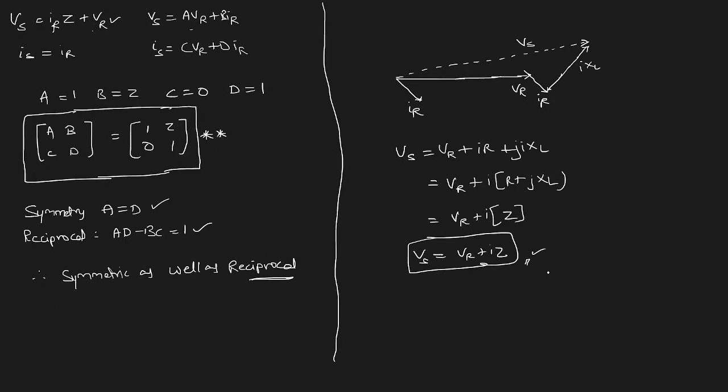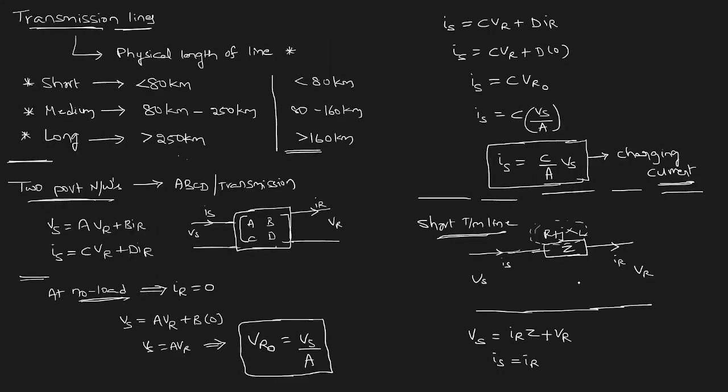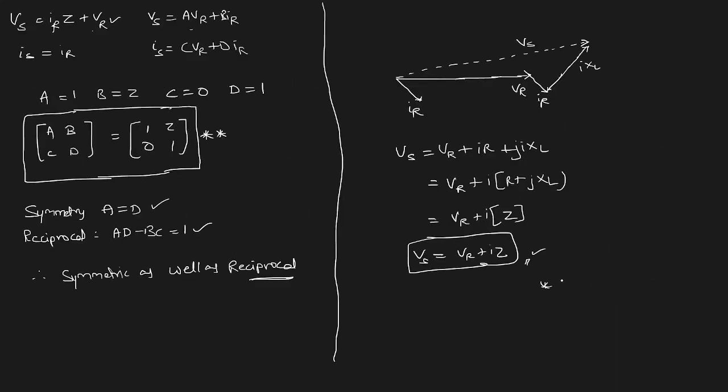And one more thing, since there is no capacitance involved, we can conclude that the charging current, I mean through the capacitor, will be zero, because there is no capacitor here. And this is used as a lumped circuit.